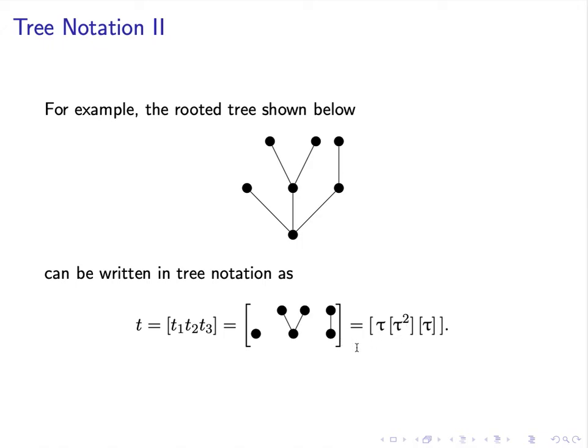And our final tree does have a child node coming off a root node, so that's denoted by the square brackets, and our root node is simply tau. So this here is the rooted tree notation of this tree here.